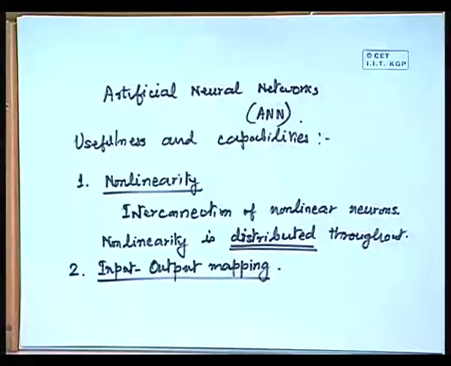If our system has a set of free parameters, parameters that we can adjust, then we should be able to adjust the free parameters of the system such that for a given input or a set of inputs, we can obtain the output that is closest to our desired output.